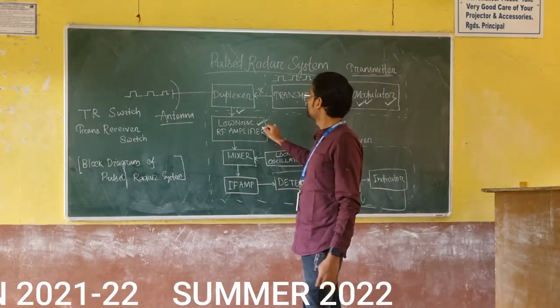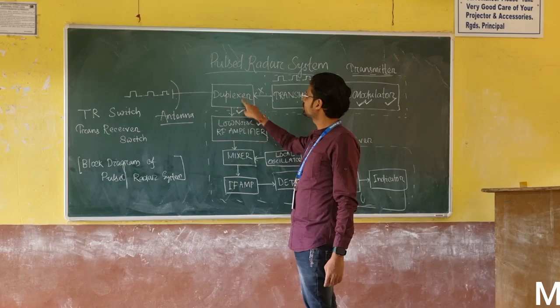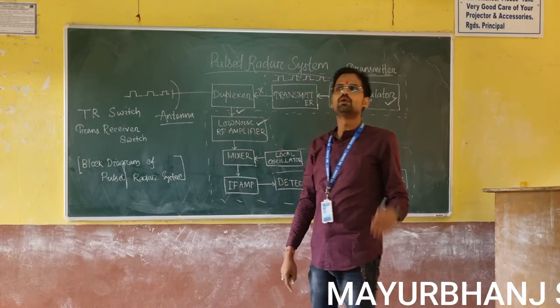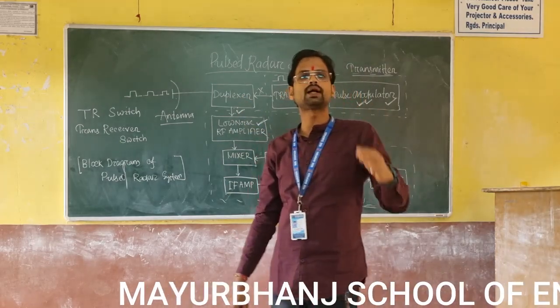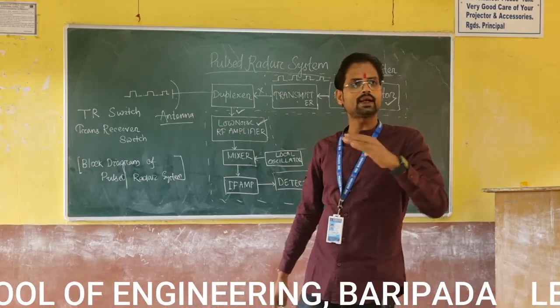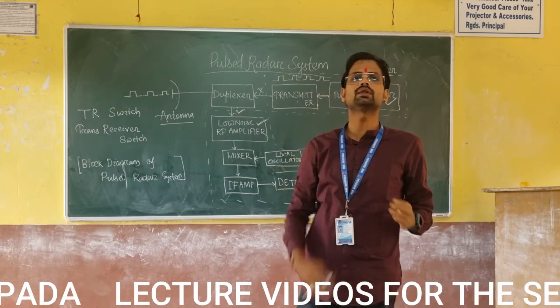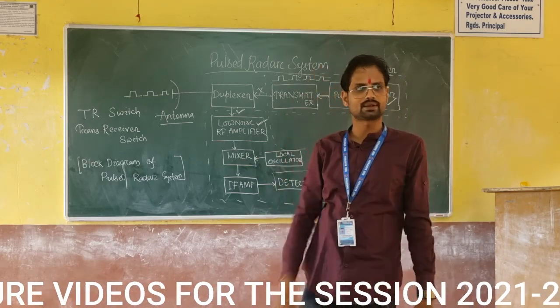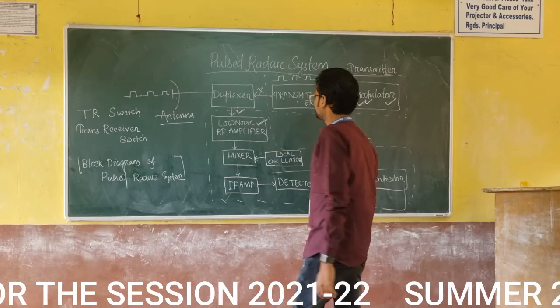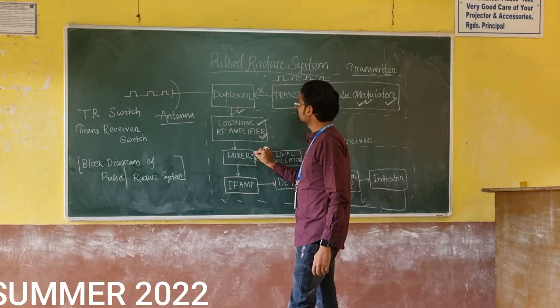So here the low noise amplifier amplifies the input signal from the duplexer, which is received by the antenna, and which is nothing but the echo reflection signal from the object. Clear? Then after amplification, this will be sent to the mixer stage.